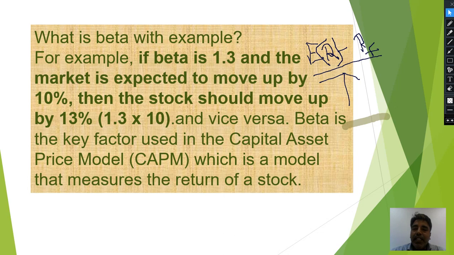So beta is the key factor used in the capital asset pricing model, which is a model that measures the return of a stock. This is not merely a discussion about the CAPM. From the CAPM, there are other theories such as arbitrage pricing theory. And of course, as Markowitz discussed earlier, this is a theory of the capital asset pricing model given by William Sharpe.